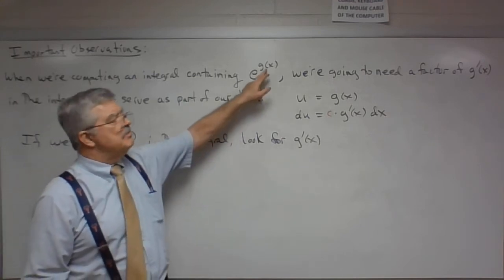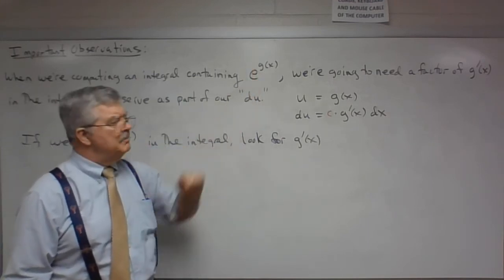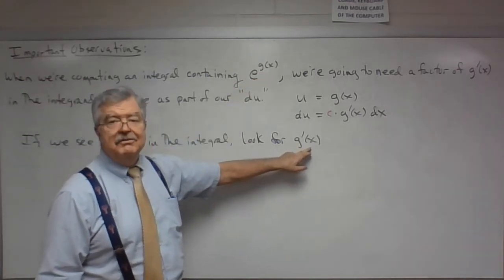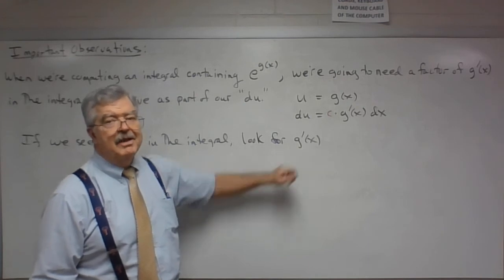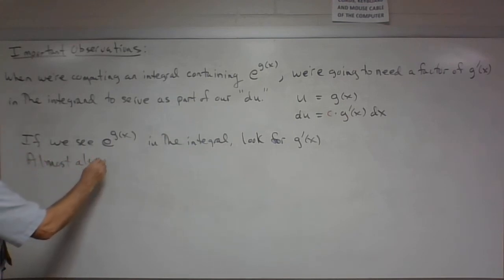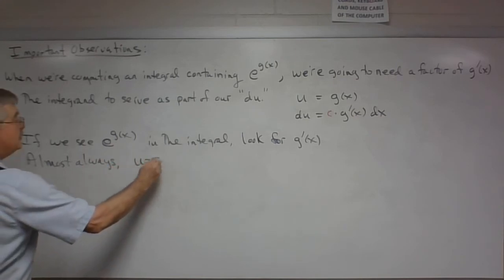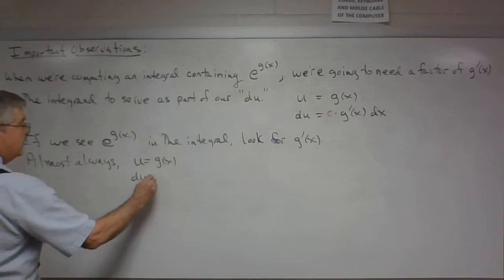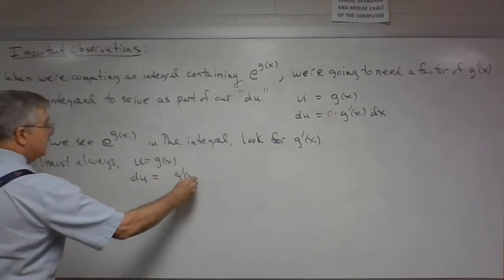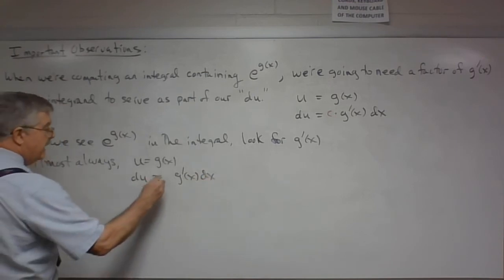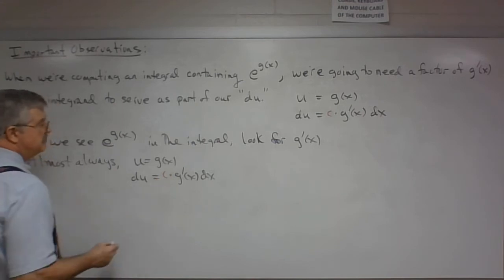Anytime we see e to the power of a function in an integral, look for the derivative of this exponent somewhere else in the integral. Almost always, u is going to be the exponent g of x, and du is going to be g prime of x dx, or a constant multiple of that.